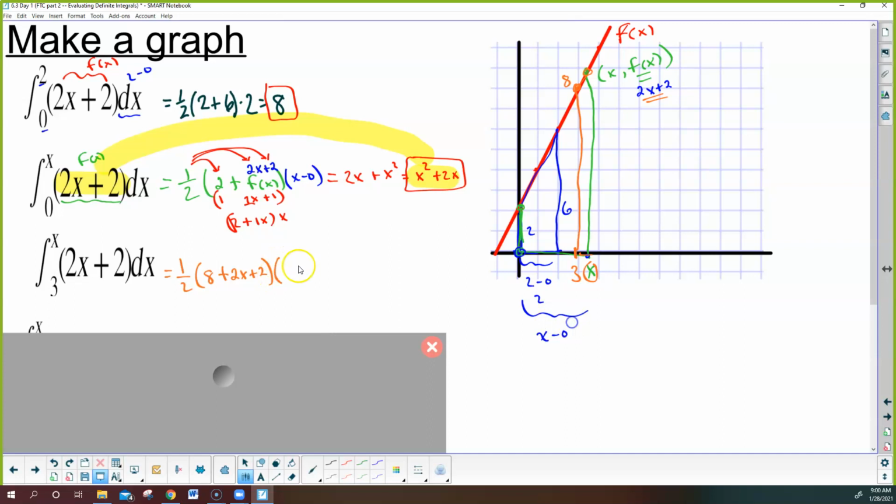And then now, what is the dx? The dx is the difference between x and 3. So I would do x minus 3. And then we just want to algebraically simplify. So I'm going to do part of this in my head. 2 plus 8 is 10. And then if I cut that in half, I get 5 plus, and if I cut x in half, I get x.